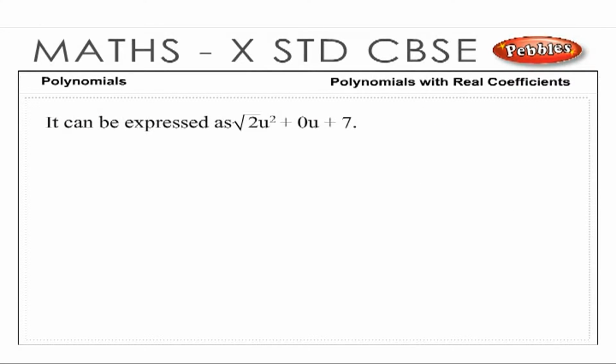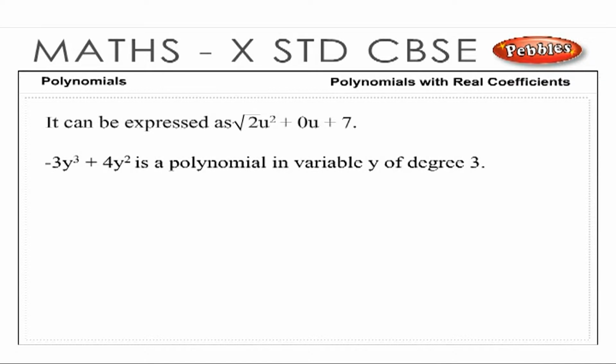It can be expressed as root 2 u squared plus 0u plus 7. Minus 3y cubed plus 4y squared is a polynomial in variable y of degree 3.